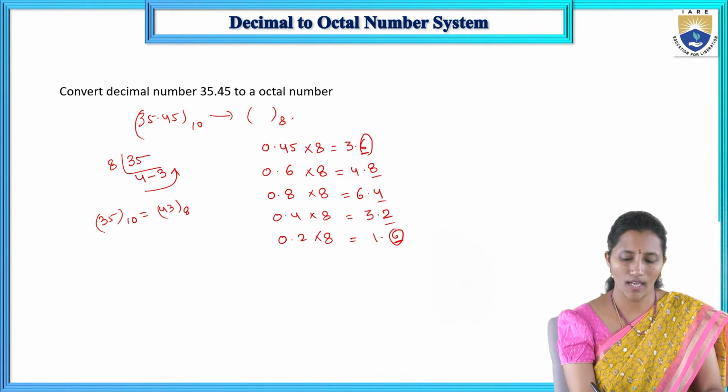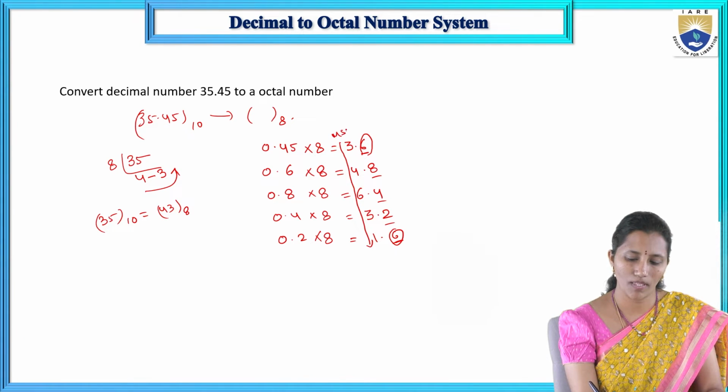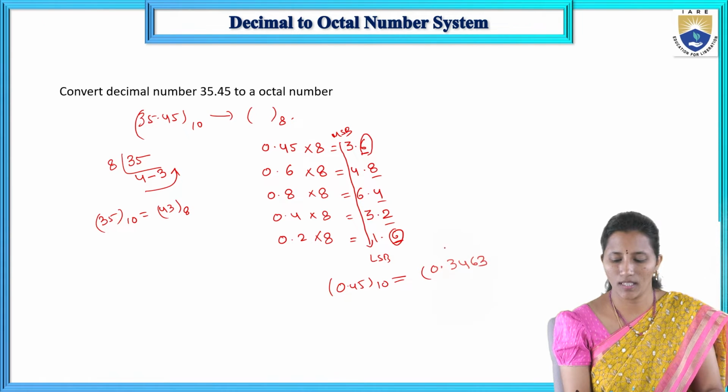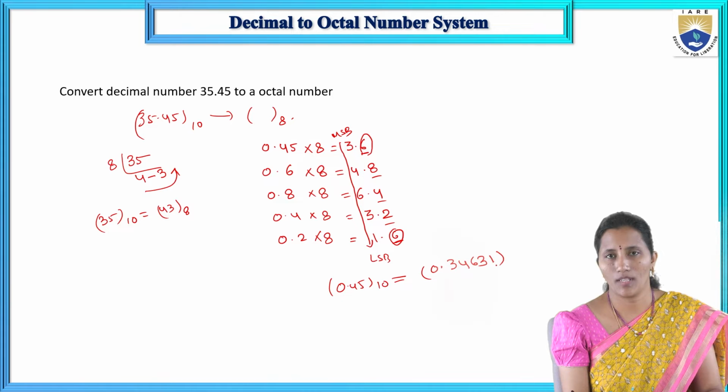Write down the values from up to down. This is the MSB bit and this is the LSB bit. So 0.45 base 10 is represented by 0.34631 base 8. The LSB is the rightmost bit.